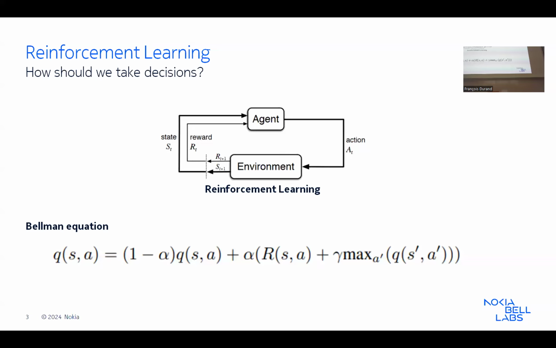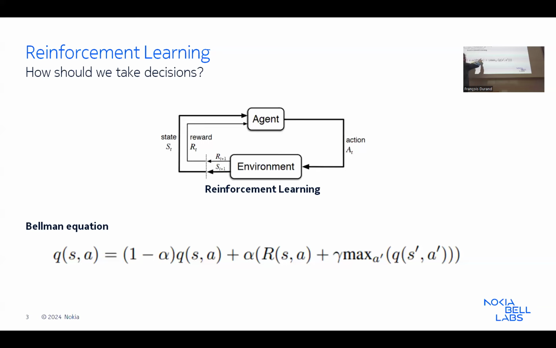So you can think of it as the fixed point of an equation where you take 1 minus alpha of the Q value, plus alpha of the instantaneous reward for taking the action in the current state, plus the long-term reward in the future after you take that action.